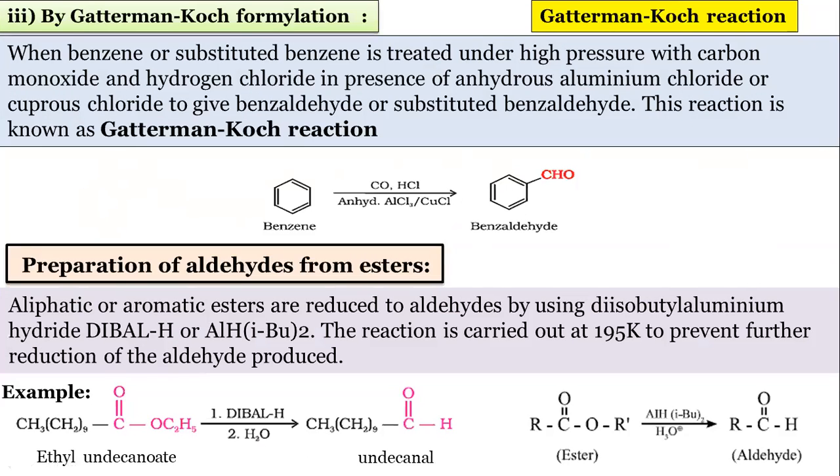In the chart, we have to prepare columns. First one is reactant, second one is reagent or catalyst, and third one is product. Prepare the chart like this. Chart wise, we have to remember the reactions. 10 minutes are remaining. By using this chart, we can remember these reactions. Otherwise, it is very difficult to remember them.